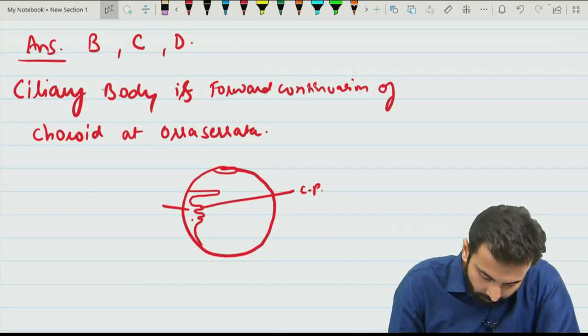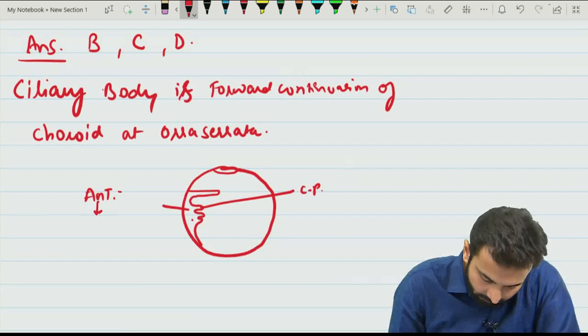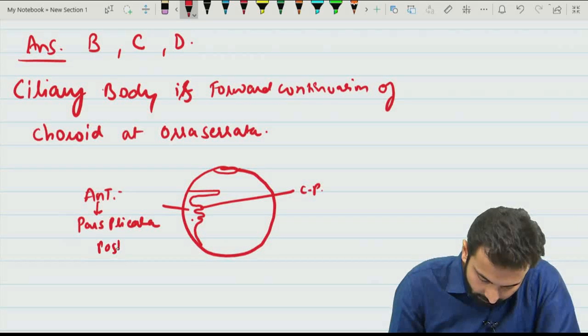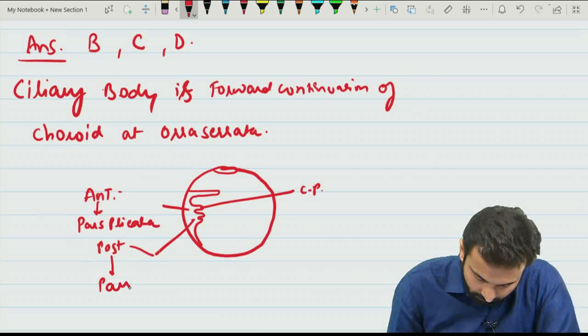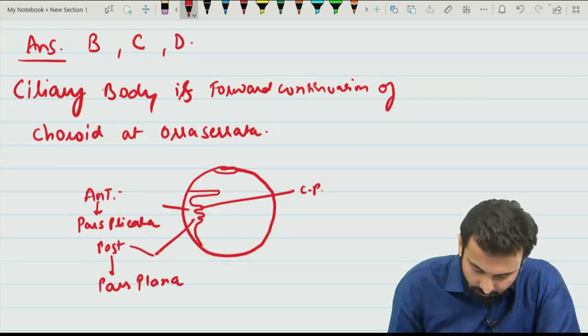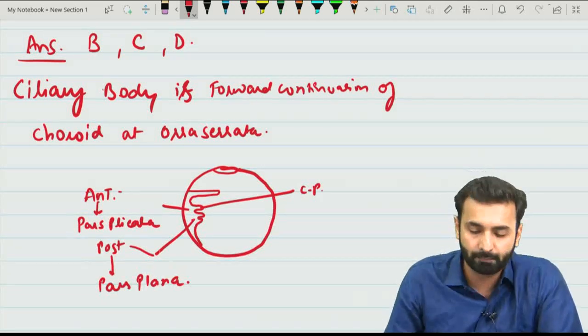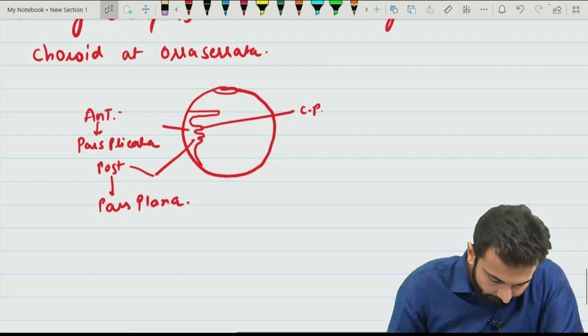Remember, the anterior part of ciliary body is pars plicata, whereas the posterior part is pars plana. It has two parts, pars plicata and pars plana, right?